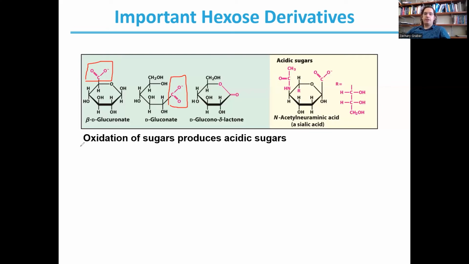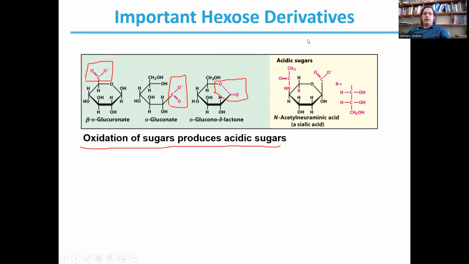So the oxidation of our sugars will produce acidic sugars. So these will then tend to be negatively charged at physiological pH. Of course, our carboxylic acid can also then form esters. So we can end up forming cyclized sugars with esters instead of our acetyl or ketyl groups.